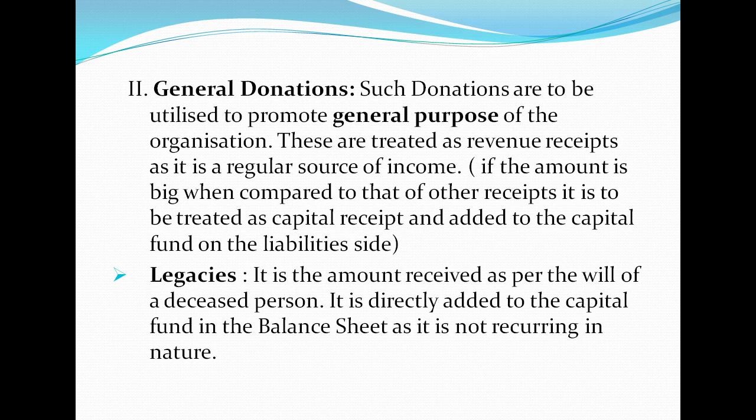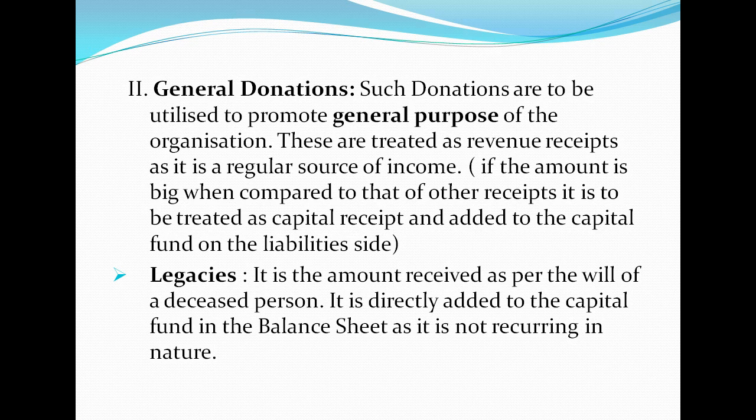Whereas the other kind of donations that may appear are donations which are to be utilized to promote general purposes of the organization. They are treated as revenue receipts as it is a regular source of income.